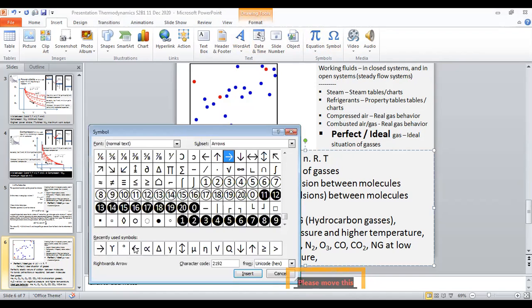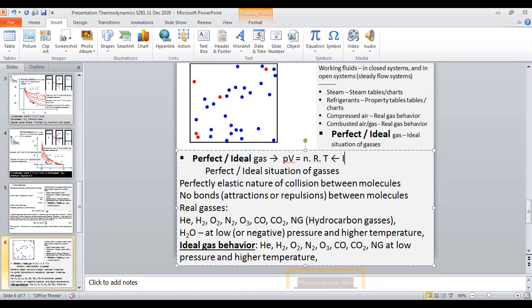There is a lot of analysis we can do with this knowledge of the ideal or perfect gas equation.